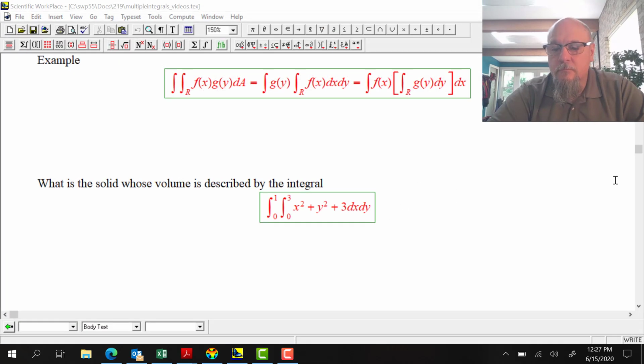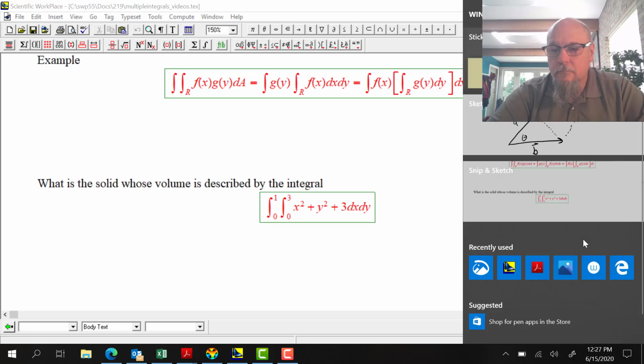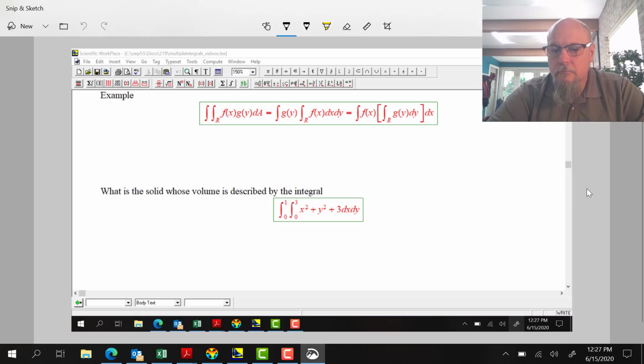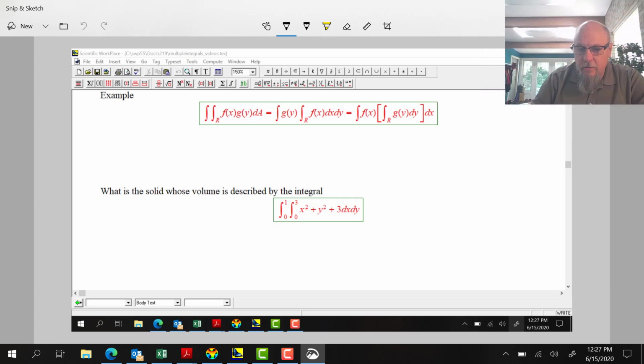So the answer is, I'm trying to draw in 3D, and I don't really draw that well in 2D. So the x, let's run x along this way, and let's run y along this way.